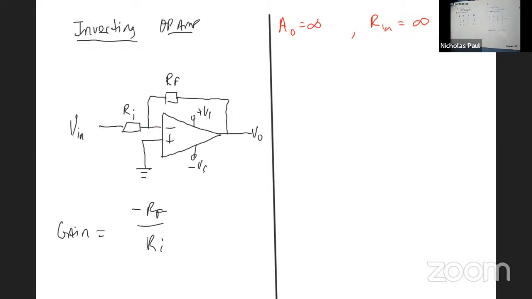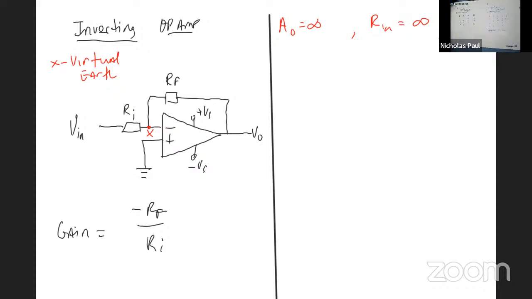What it also means is that this point here, X, acts as a virtual Earth. It's not actually Earth, but because of that assumption, we call it virtual Earth, because the voltage here will be zero. Nothing will flow between X and here. So X represents virtual Earth.